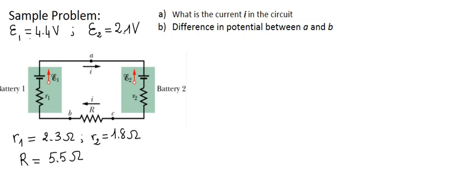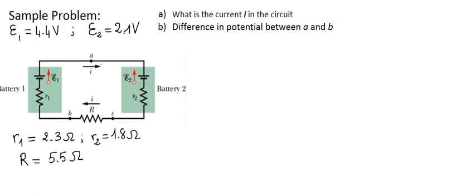Battery 1 has an EMF of 4.4 volts, and battery 2 has an EMF of 2.1 volts. The two batteries have internal resistances R1 and R2, given, and are connected to an external resistor of resistance R equal to 5.5 ohms. The question is, what is the current circulating in this simple single loop problem?